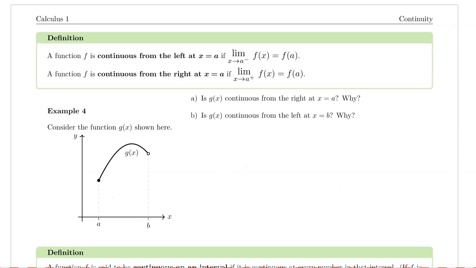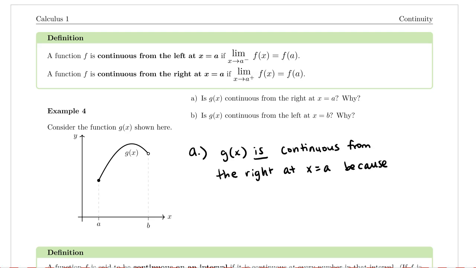So here we have two definitions for what it means for a function f to be continuous from the left at x equals a and continuous from the right at x equals a, and it's related to these one-sided limits. So example 4 says consider the function g of x shown below here, and part A says is g of x continuous from the right at x equals a, why, or how do we know?